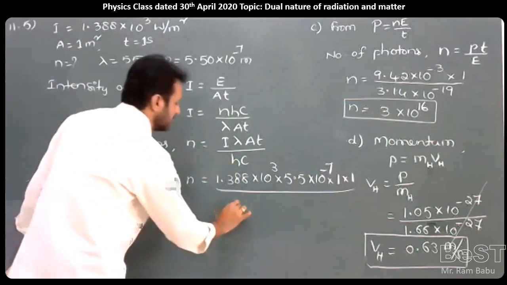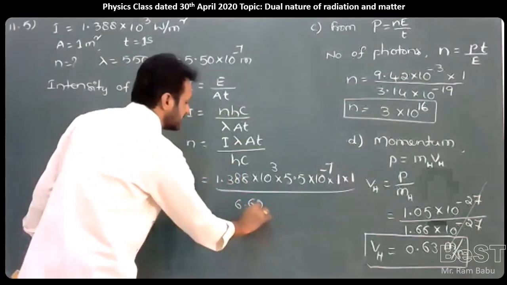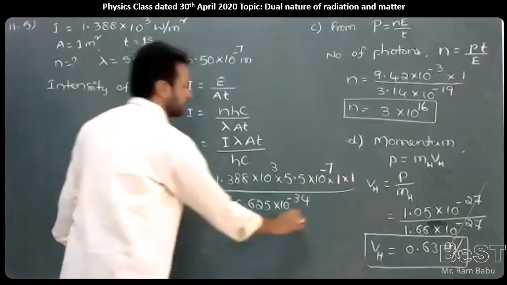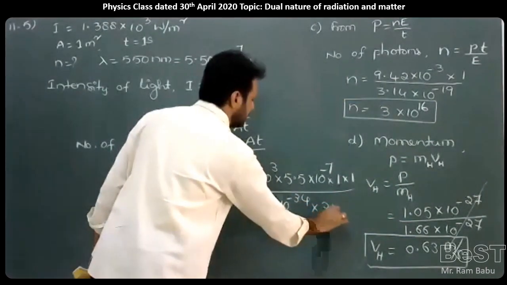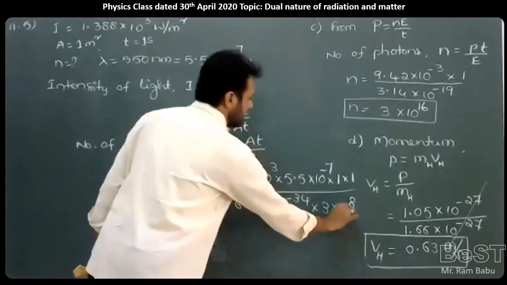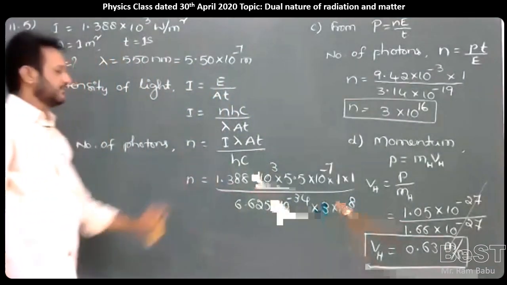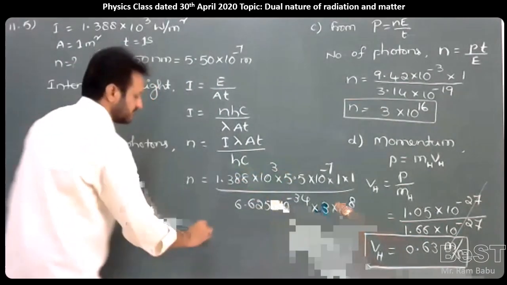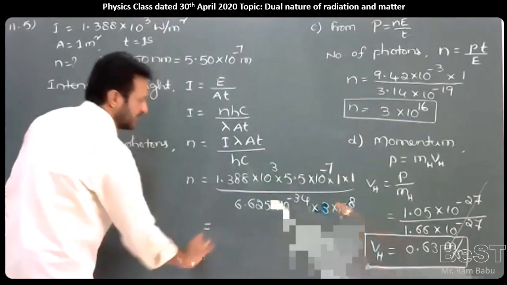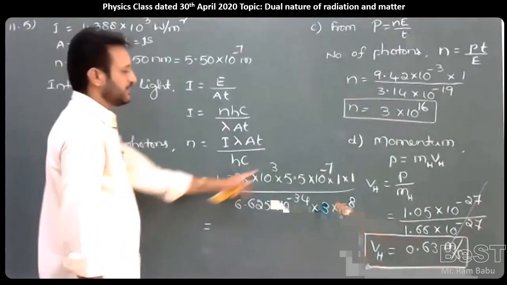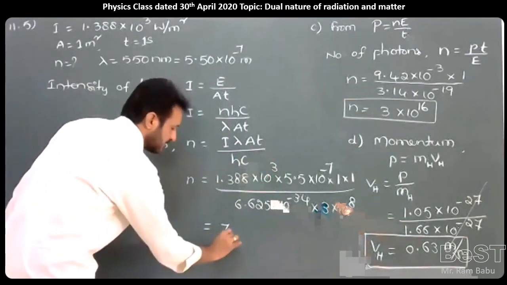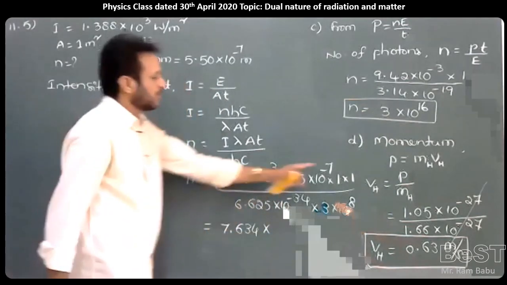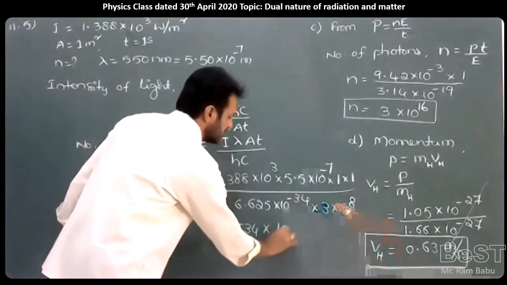Then h value, Planck's constant, 6.625 into 10 power minus 34, into speed of light, which we know is 3 into 10 to the power of 8. First multiply the numerator value, 1.388 into 5.5, which gives 7.634 into 10 power minus 7 plus 3, which is minus 4.